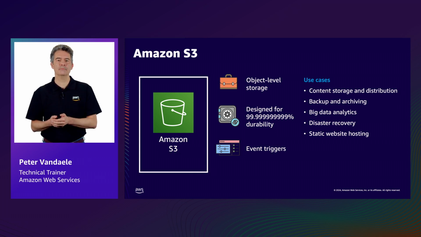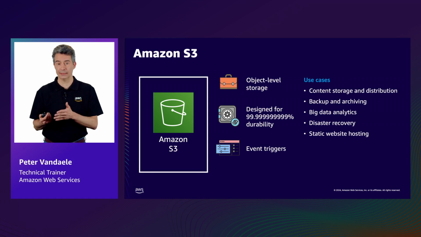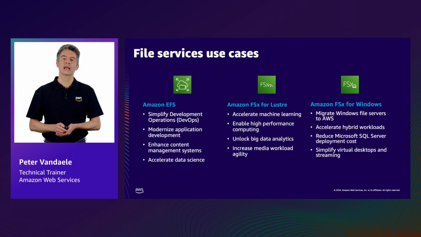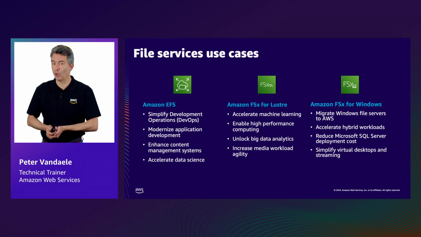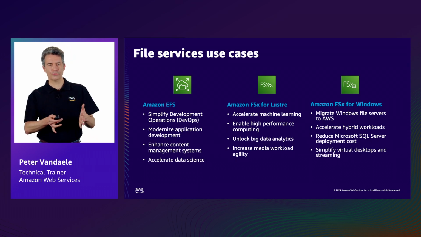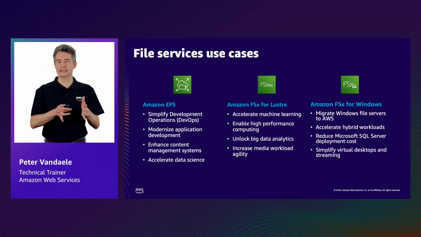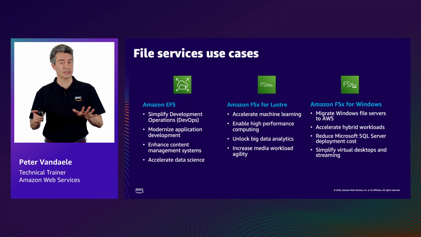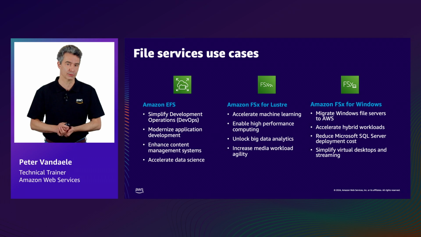Similarly, S3 can be used to store big data and analytics, disaster recovery, and static website hosting. Amazon Elastic File System, or EFS, is a serverless and fully managed elastic file storage that allows you to share file data without provisioning or managing storage capacity and performance.